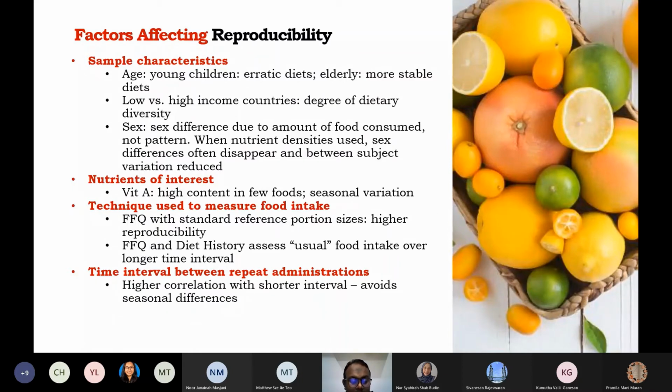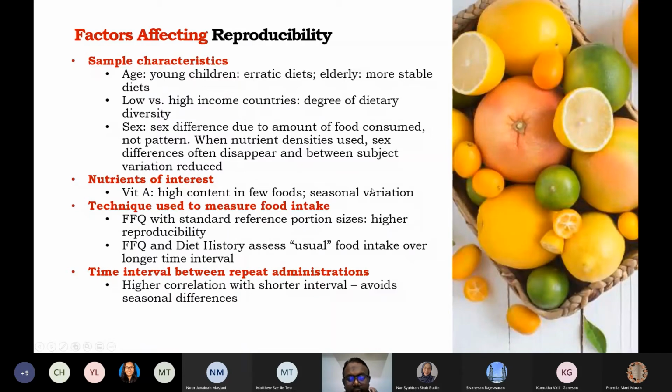But if during that interview session they consume that type of food which is high in vitamin A, it might increase their vitamin A intake. So it also depends on seasonal variations, because we have our fruit season, we have our monsoon.